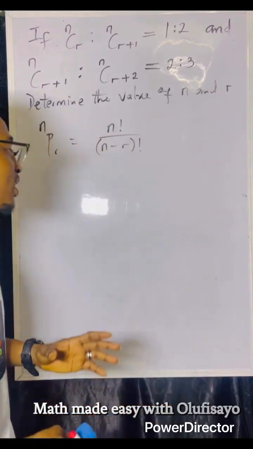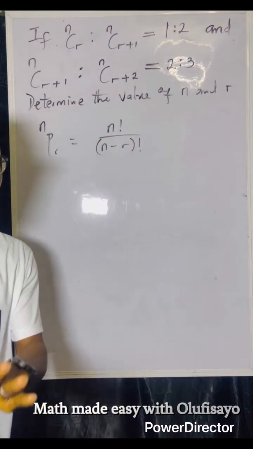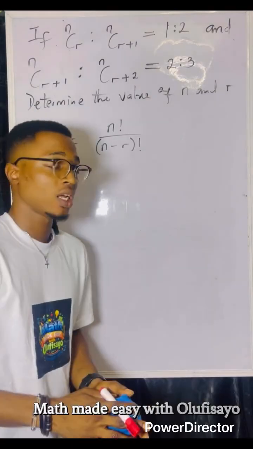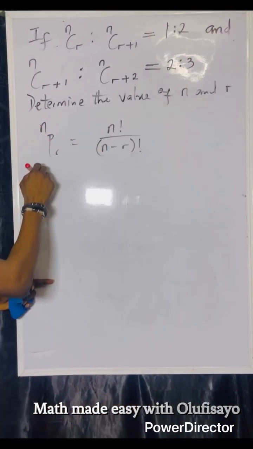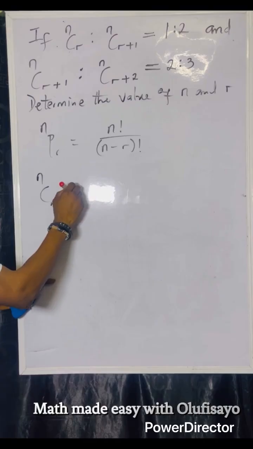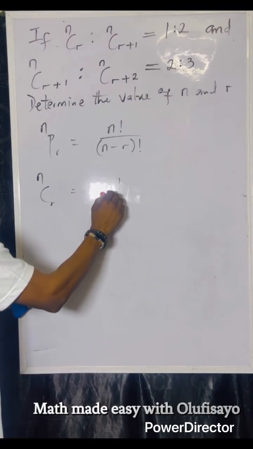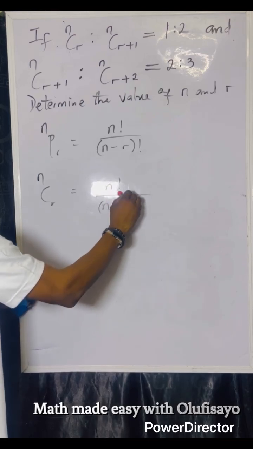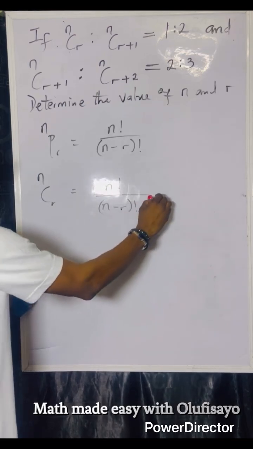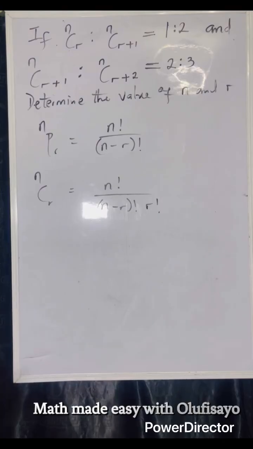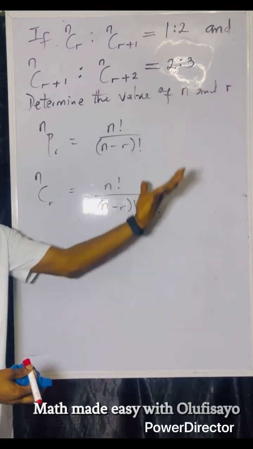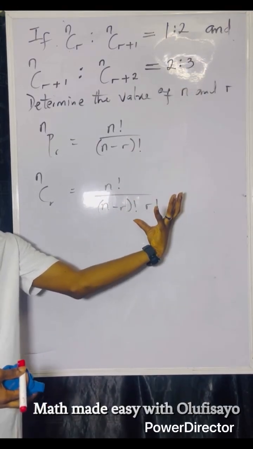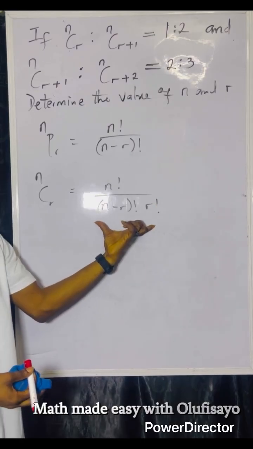Combination has the formula nCr equals n factorial over n minus r factorial times r factorial. You can see the difference between permutation and combination.